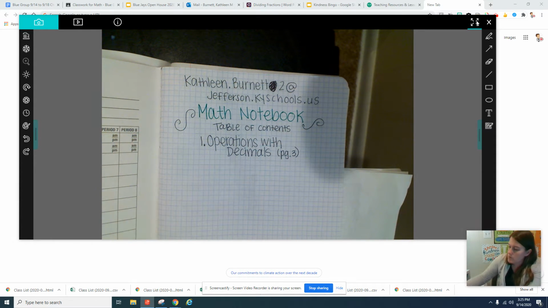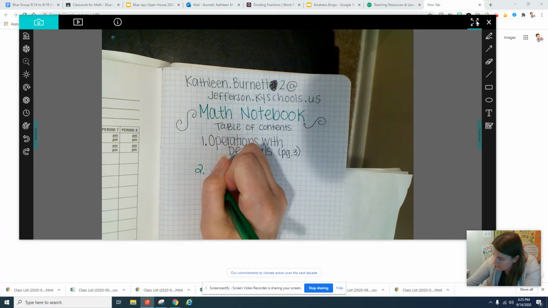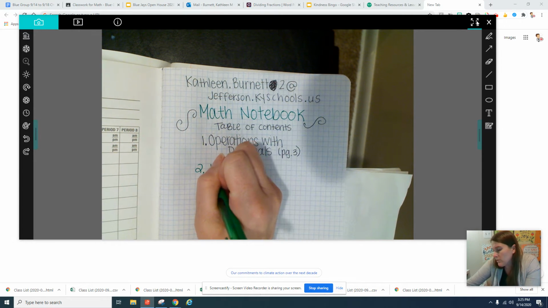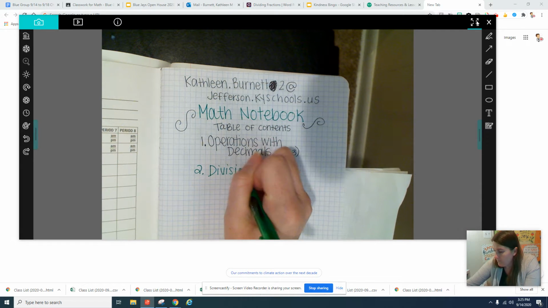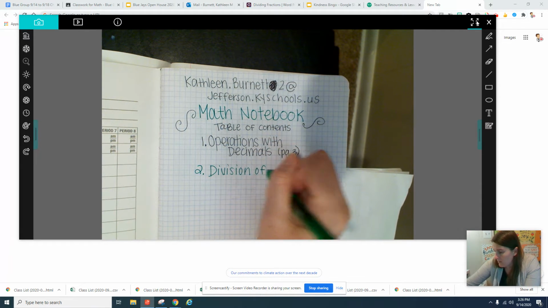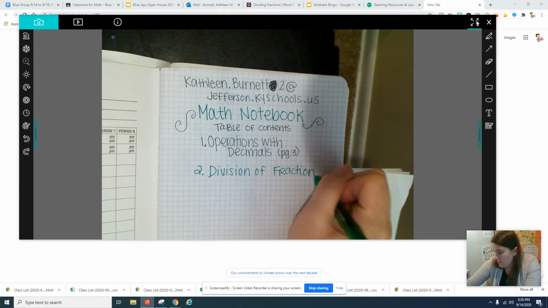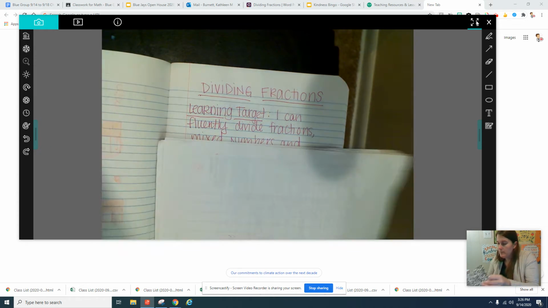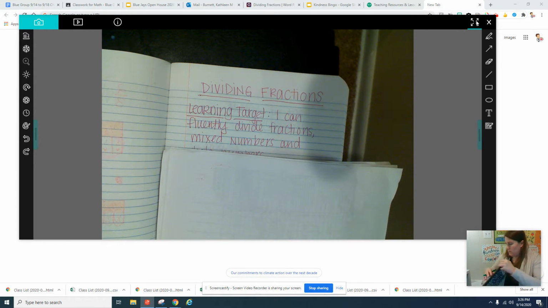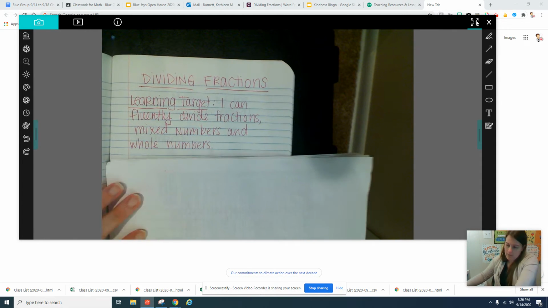You need to write a 2 and then write division of fractions or dividing fractions, either one. And then write down the page that you start on. Like, I'm starting on page 12, so I would write page 12 or page 8 or whatever it is. And then for dividing fractions, write the learning target.